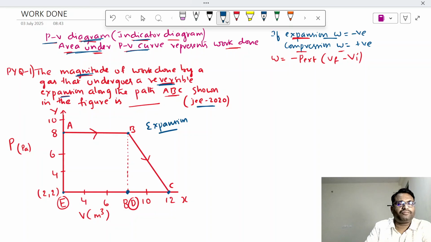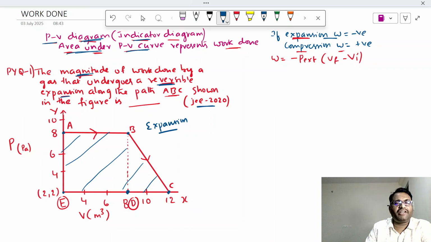So the process has moved from state A to state B and from state B to state C. So from A to C, what will be the amount of work done? This total area, if you can calculate this total area, then that will be the work done.